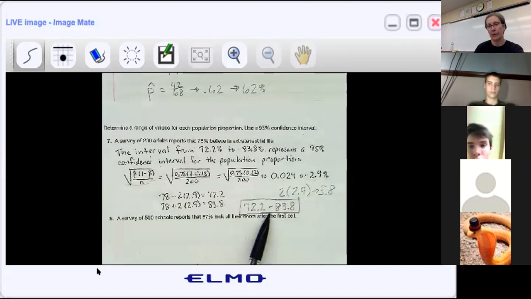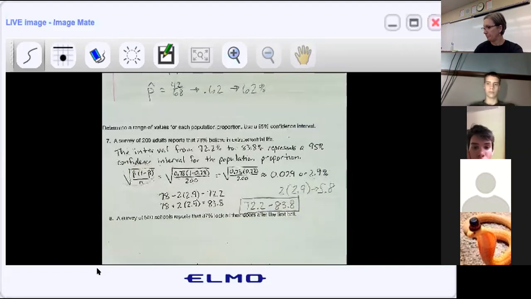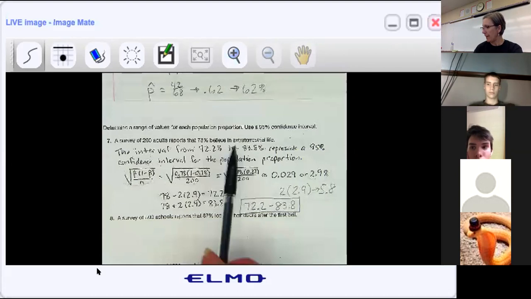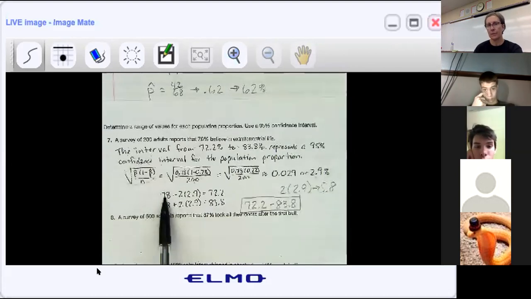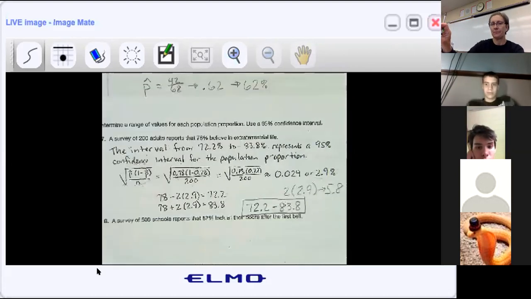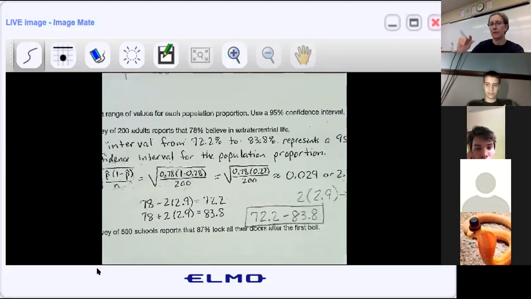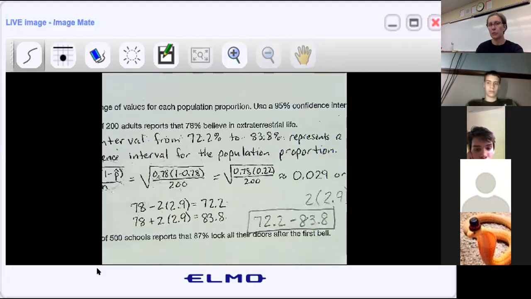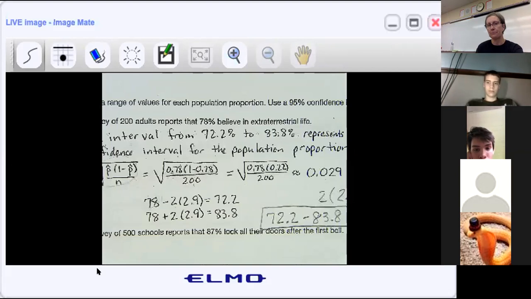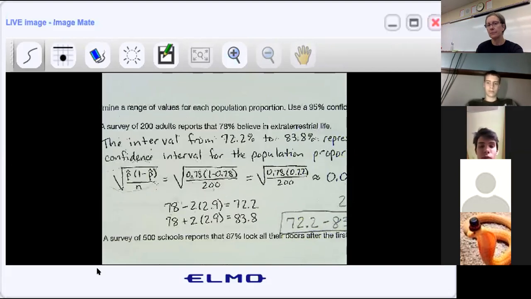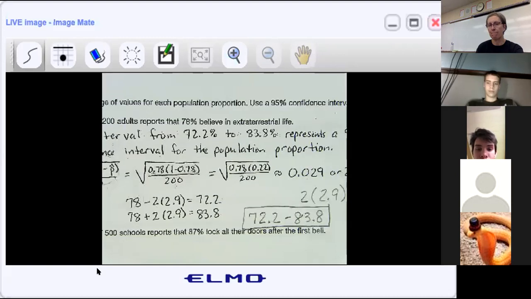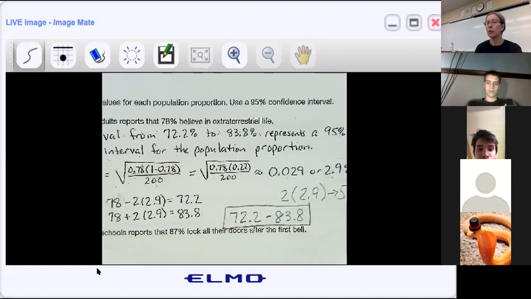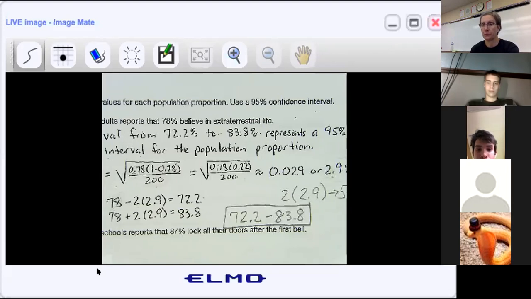And I'll talk through how I got that again, just in case anybody needs to hear that one more time. So the 78 was the p-hat, right? Correct. The 78 was just the p-hat. It's kind of hard to see, pretty bad quality. I know. Sometimes if I zoom in, that might help a little bit. But so you take what you got from that equation and then you subtract plus or minus the 2 of those. 2 of the p-hat or 2 of?